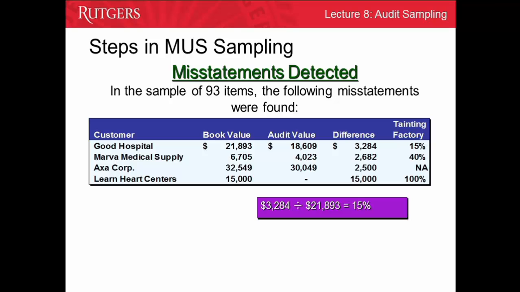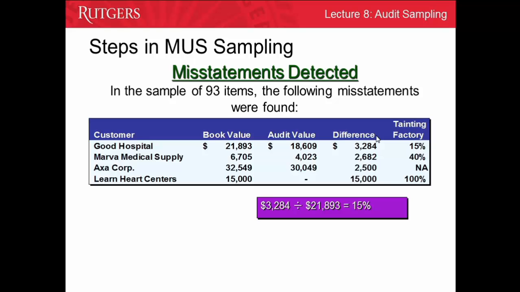Based on document inspection and inquiry of the client, the 4 detected misstatements appear to be unintentional processing errors. For example, discounts granted were not recorded, or in the case of Learnhardt Centers, the merchandise was returned prior to year-end, but the credit was not processed until the subsequent period, like in this example.